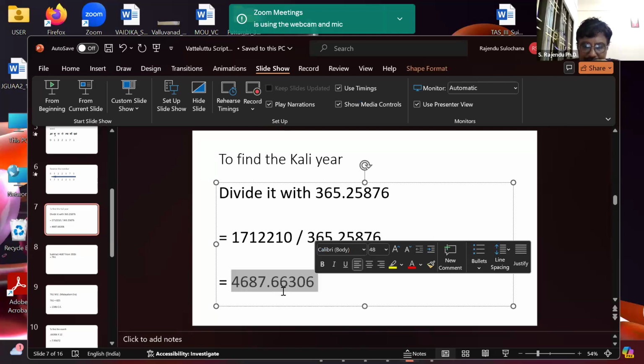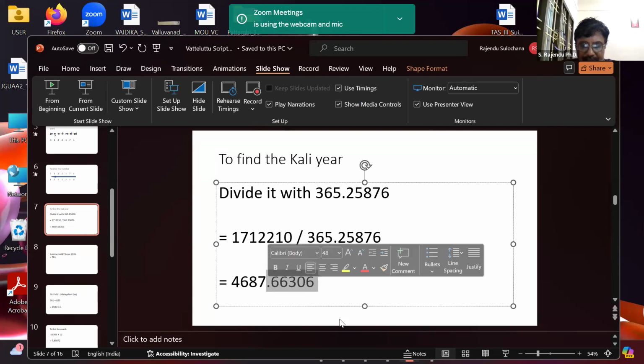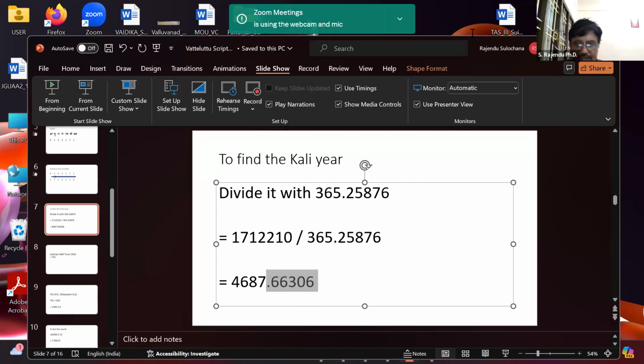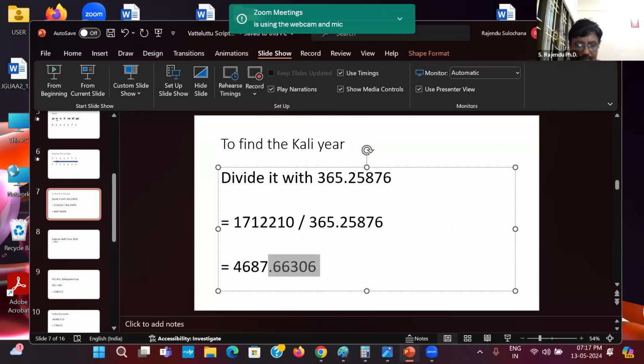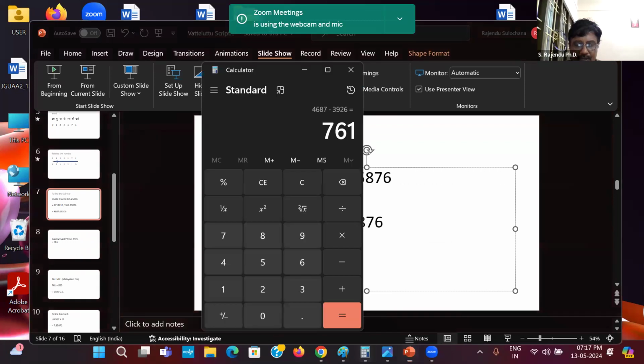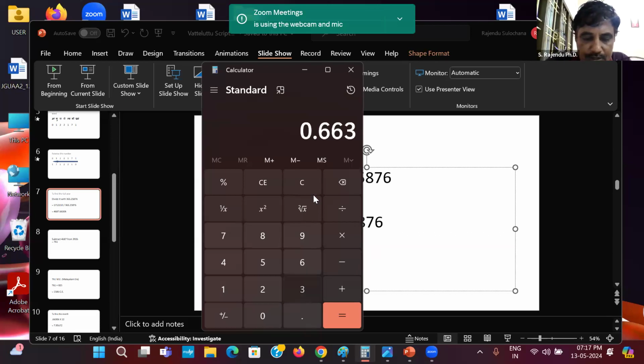What is the remainder? 0.66306. Then multiply 0.66306 into 12.